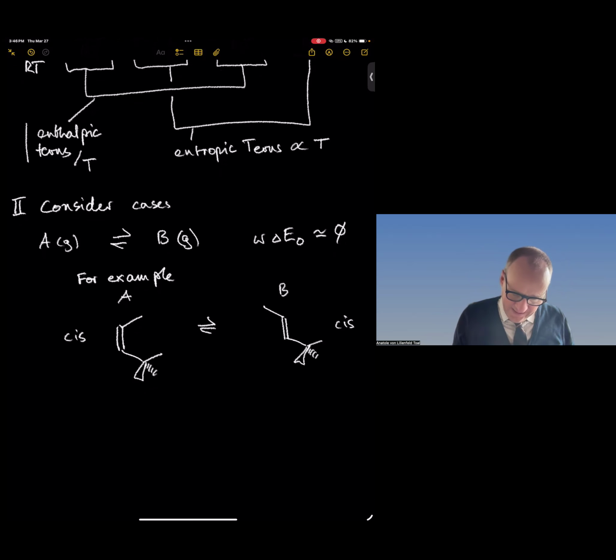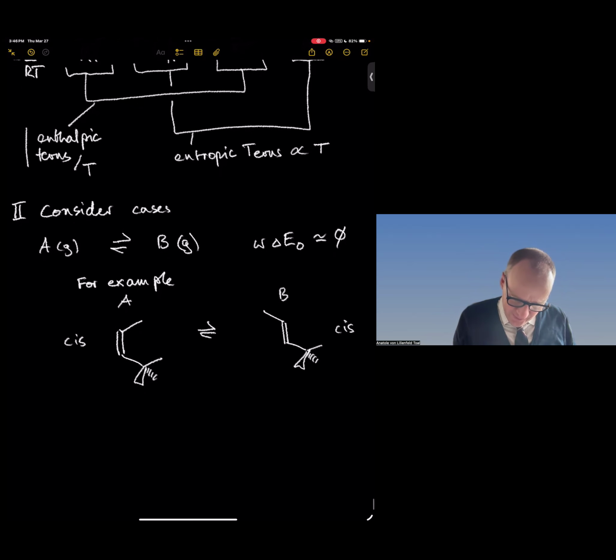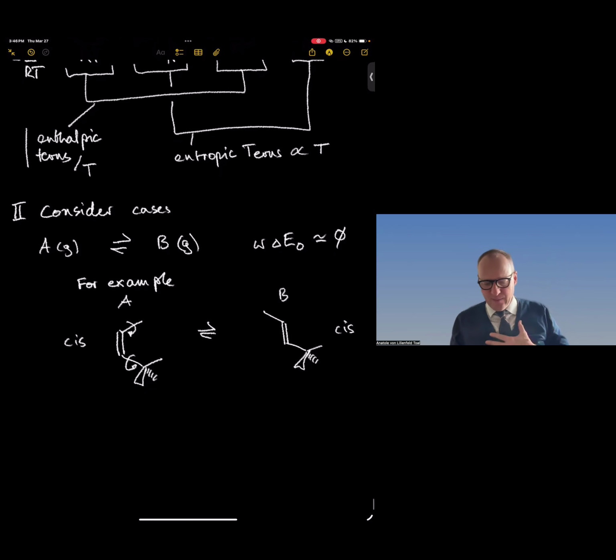In the one case, if you consider the rotations around the single bonds, on the left-hand side, clearly there will be some steric hindrance in your rotations due to the presence of these three methyl groups here.